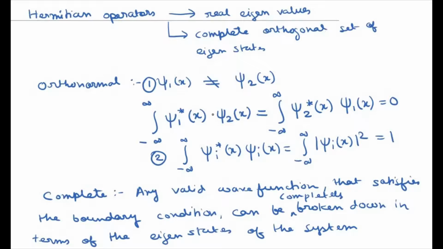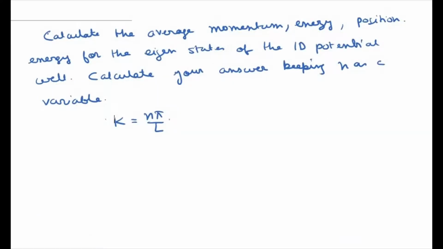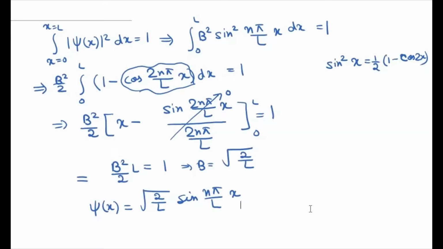Okay, and how we have normalized this in the case of the 1D potential well is basically by this method. So we have normalized our eigenstate here. This is the method of normalization. This is just an example that I want to give you to relate to the case that we have just solved for the 1D potential well, that we choose the constant b such that the integral is basically 1. So that is how we normalize the eigenstates of the system.